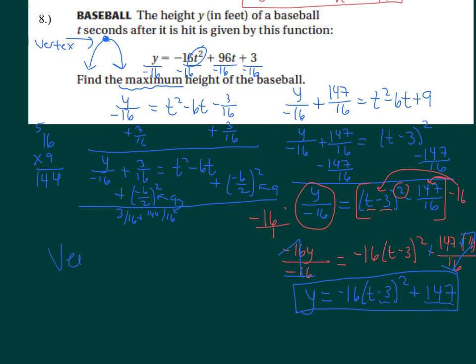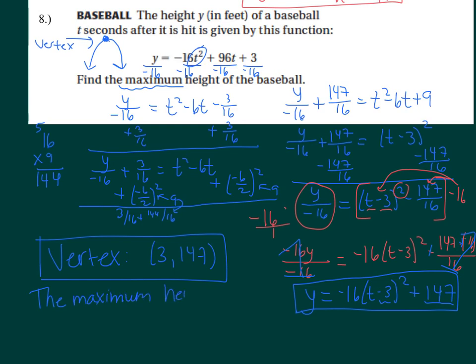So the vertex is (3, 147), which means the maximum height of the baseball is 147 feet.